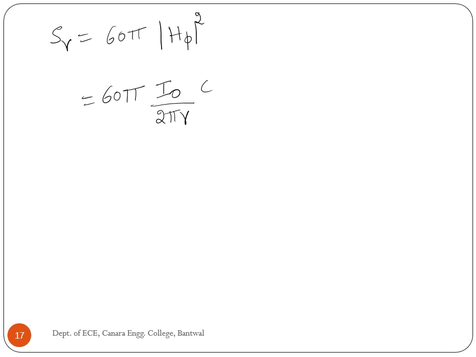Now substitute the obtained value of the magnetic field in the radial component of the Poynting vector equation, that is 60 pi H phi square, which is equal to 60 pi into I naught divided by 2 pi r, cos of pi by 2 cos theta divided by sin theta, square of it.